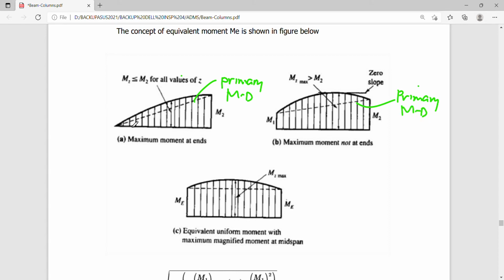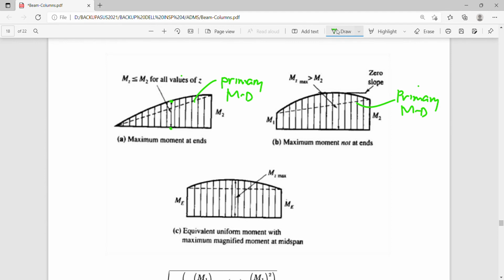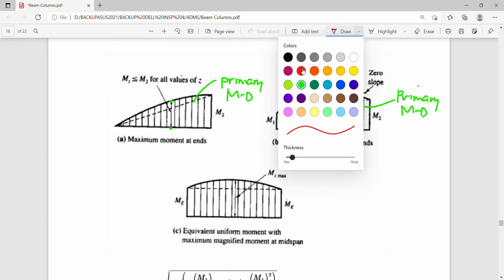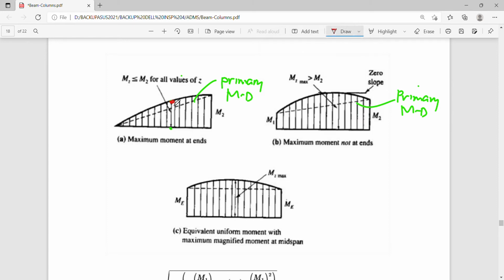So at the start of the effect of the secondary moment upon which your compression axial load acts with your delta due to the primary moment diagram, the secondary effect or the secondary moment may yield this curvature upon which this midspan value does not exceed the end moment at the ends.